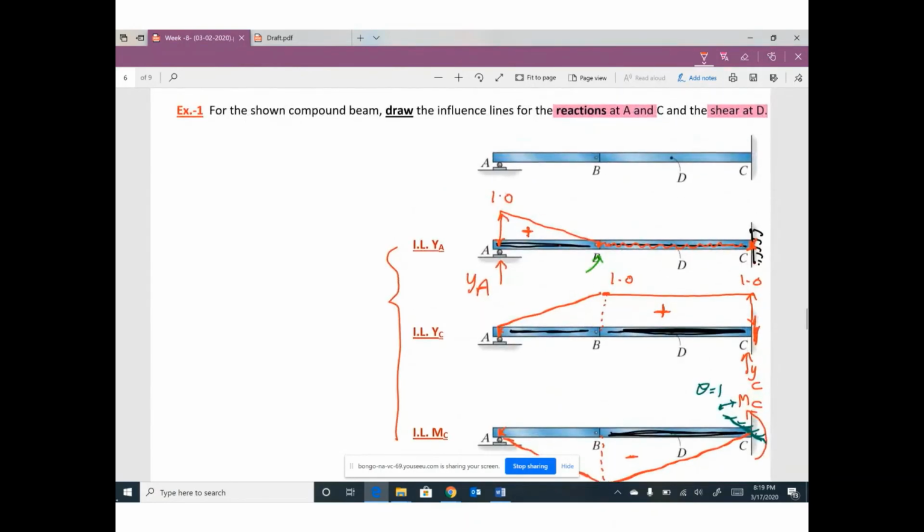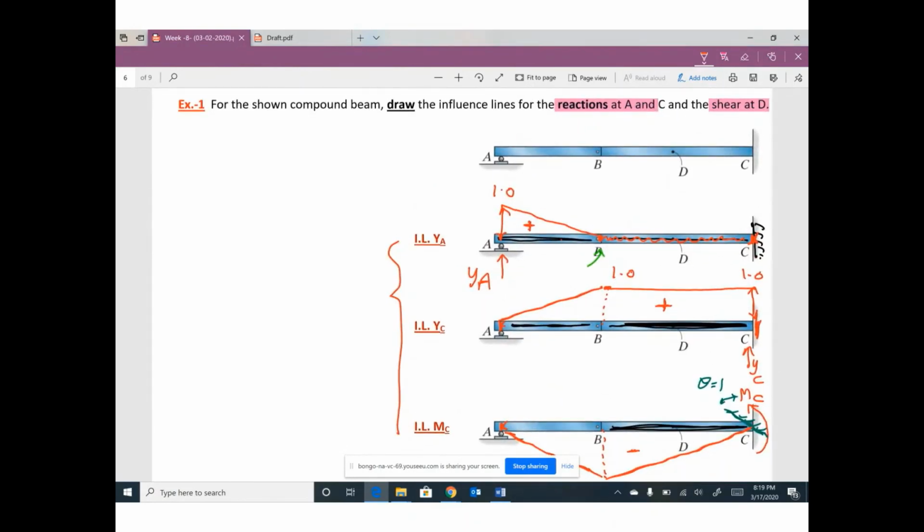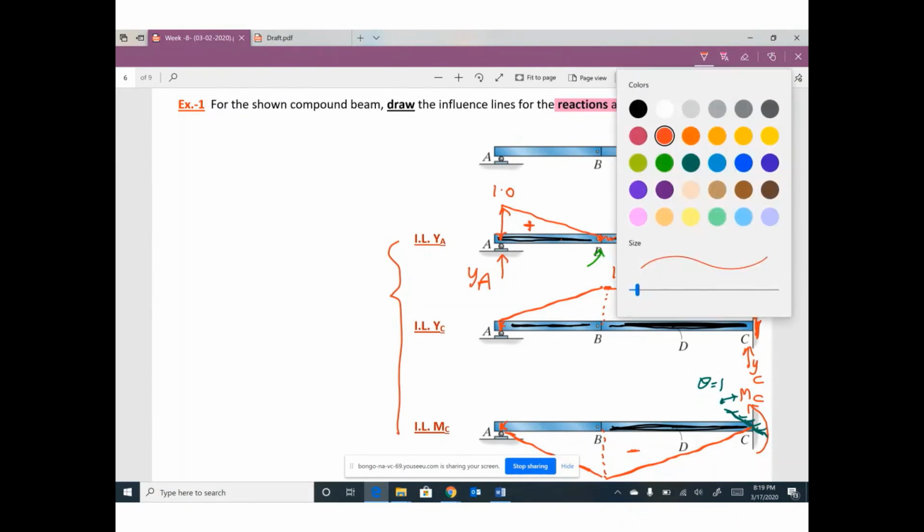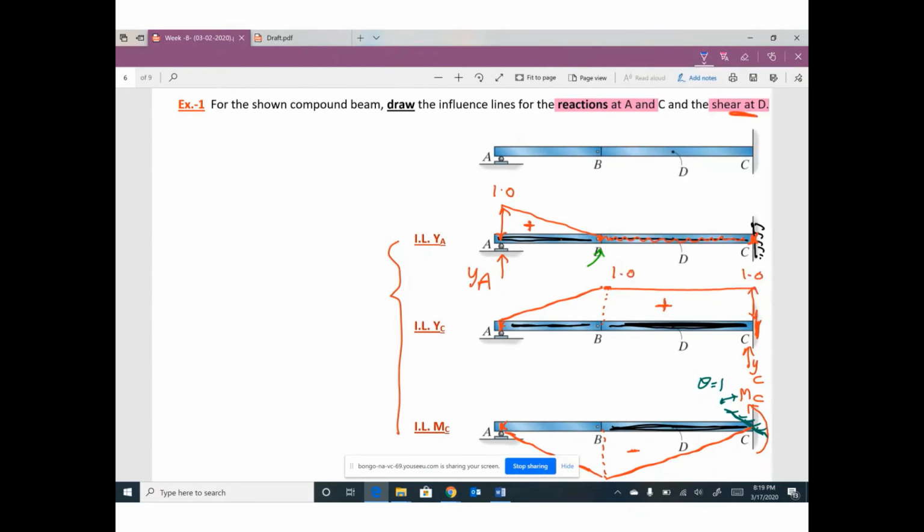The second part of this problem, we are looking to draw confluence line for shear at D. Let's play our game. Actually, the whole trip for this moving load from the first point on the bridge to the last point of the bridge from A to C. But point D cut this trip to two parts.